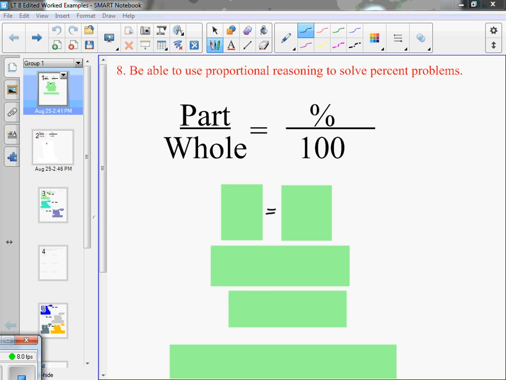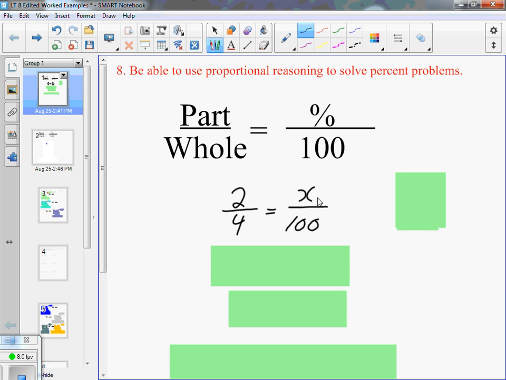All right, so let me make something up here. 2 over 4. Now, we all know 2 over 4 is 1/2, and we know that 1/2 is the same thing as 50%, don't we? But if I didn't know that, here's the way I would work it. If the question was, I got 2 out of 4 right on the test, what percent did I get?